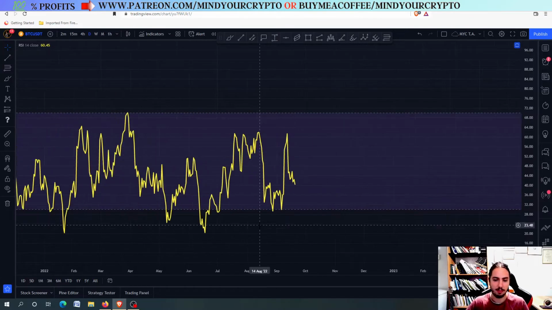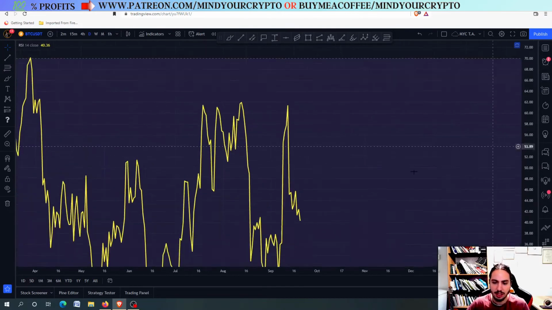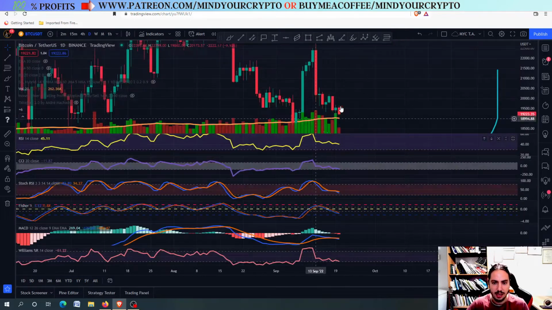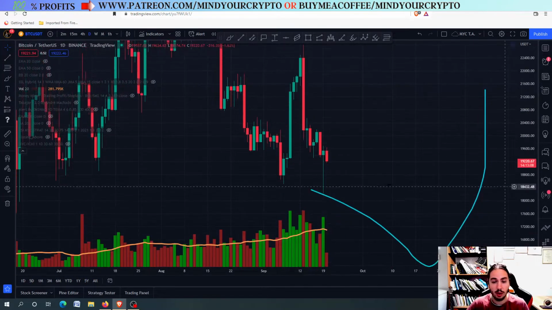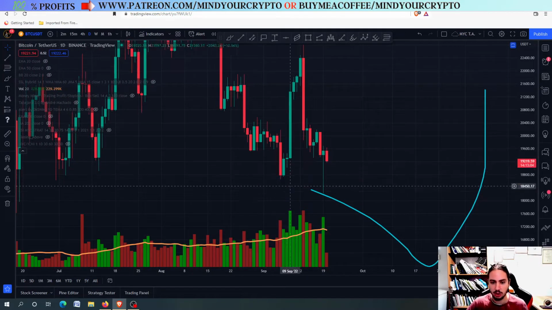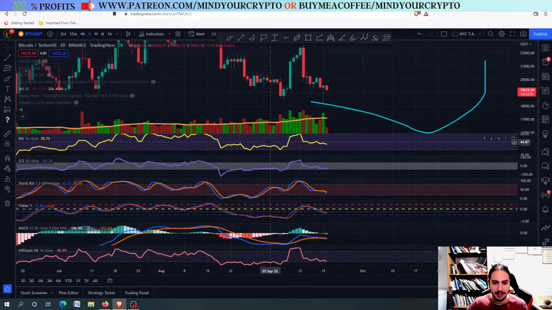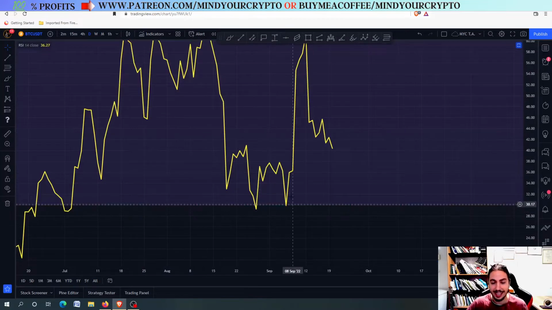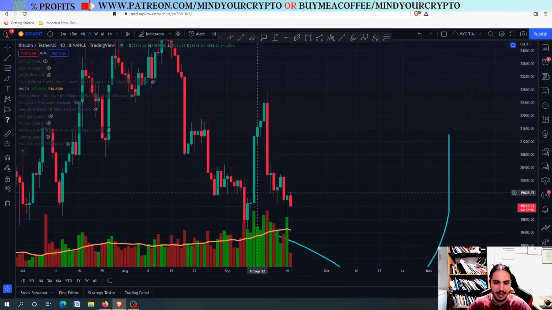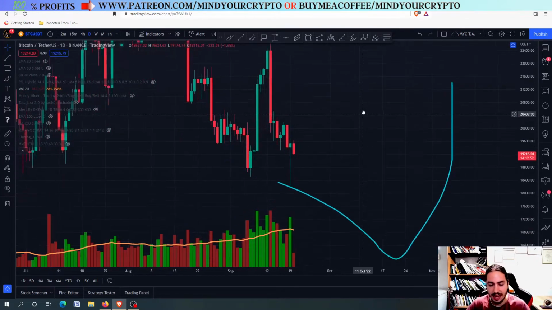The opposite is the bullish RSI divergence, when you are seeing lower lows in the price and higher lows in the RSI. Now, we saw that, and this is why we had the breakout. Look at that, plus 11% in just one single day.